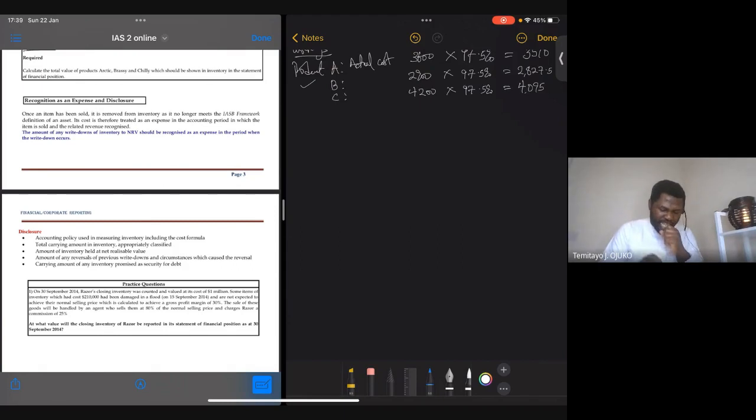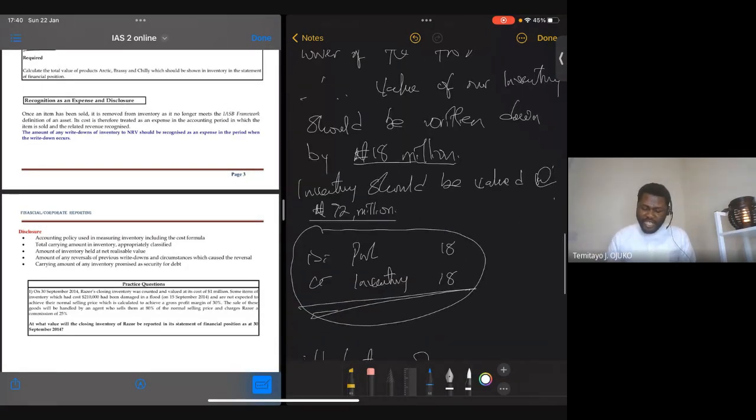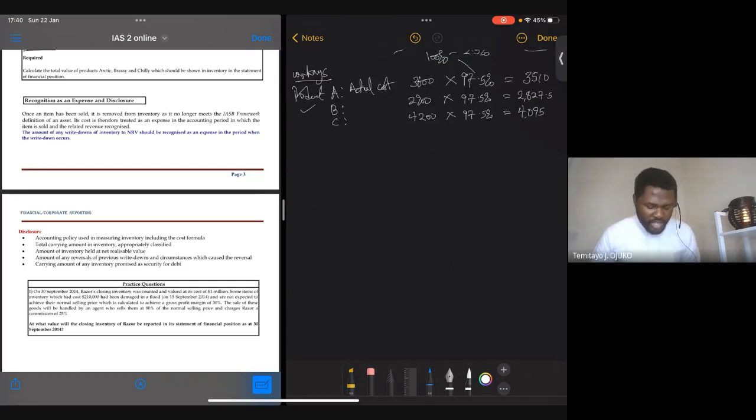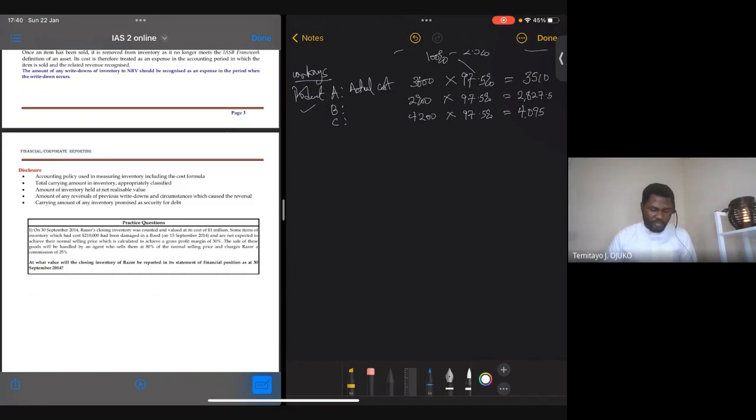Now, any amount of write down of the inventory to net realizable value should be recognized as an expense in the period when the write down occurs. And that is what I was trying to say here, that this write down should be debited to your P&L 18 in the case of the first one. Now, disclosure. Accounting policy used in measuring inventory, including the cost formula, you have to disclose that.